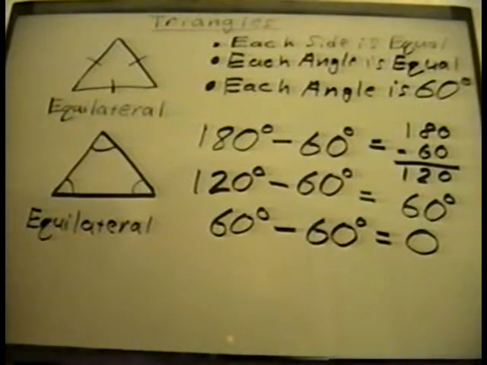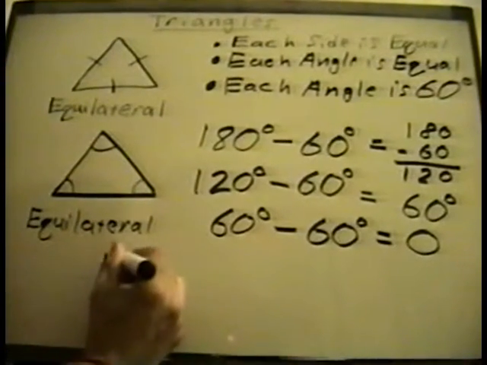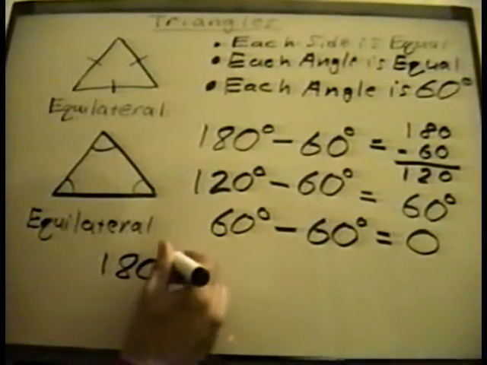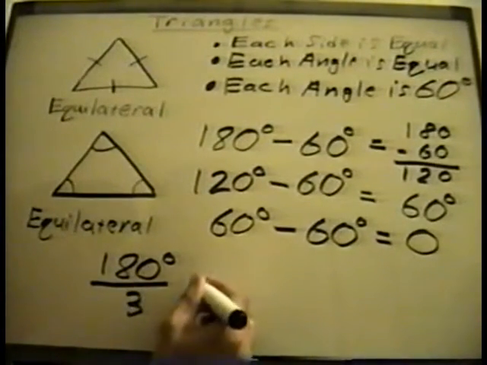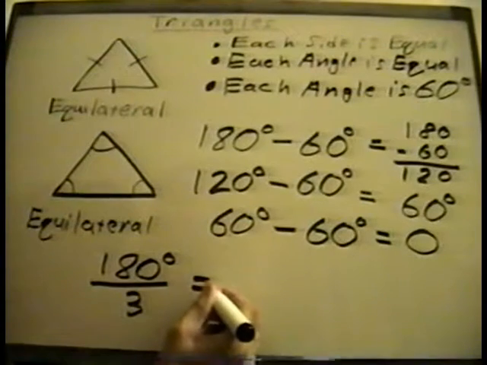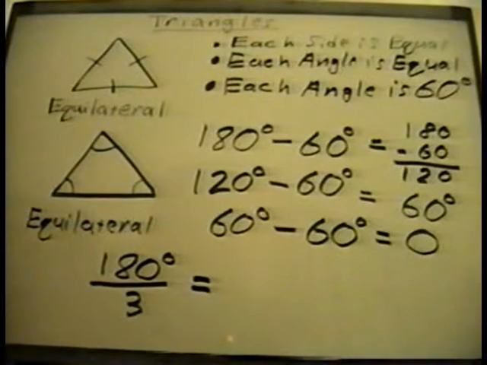Okay, so for an equilateral triangle, the angles, each angle is 60 degrees, okay, because each angle is equal.